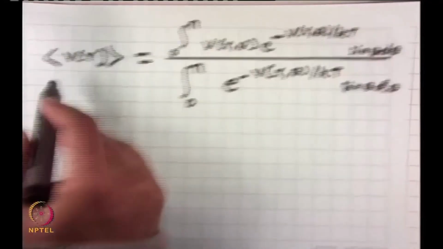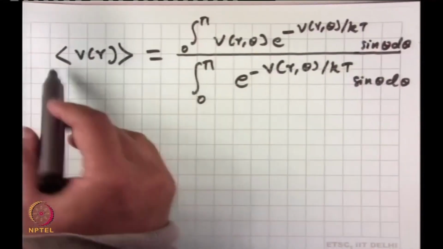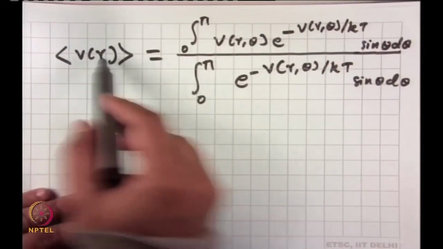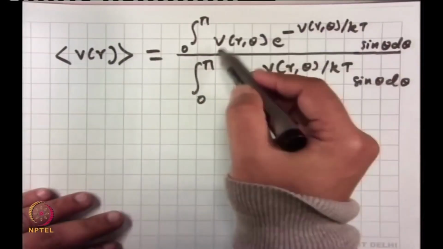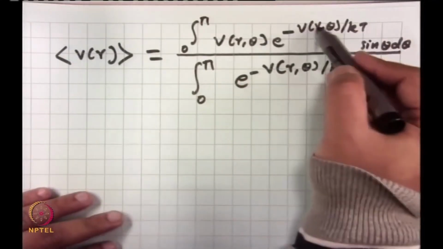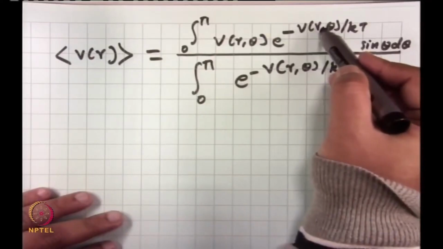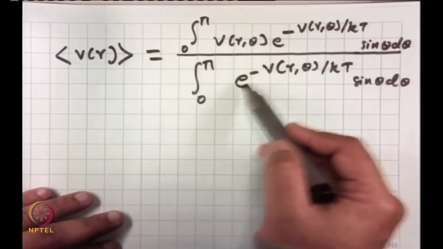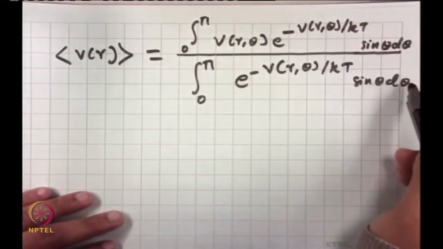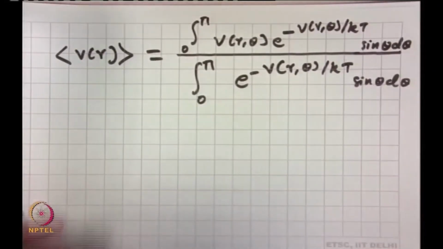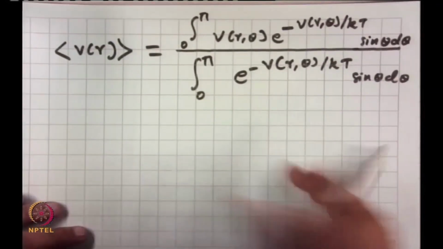So this is your average V of r. It is like your expectation value, your average value. Theta is the integration variable.